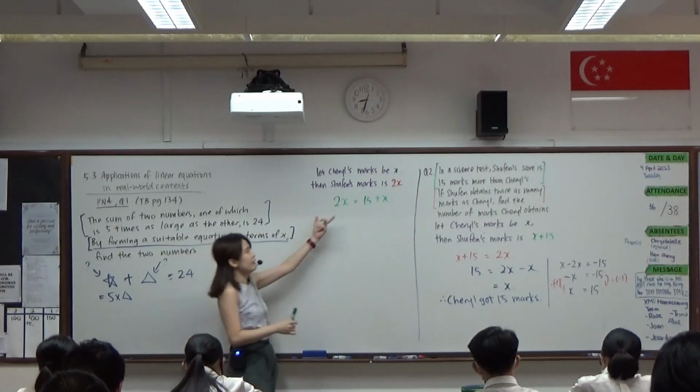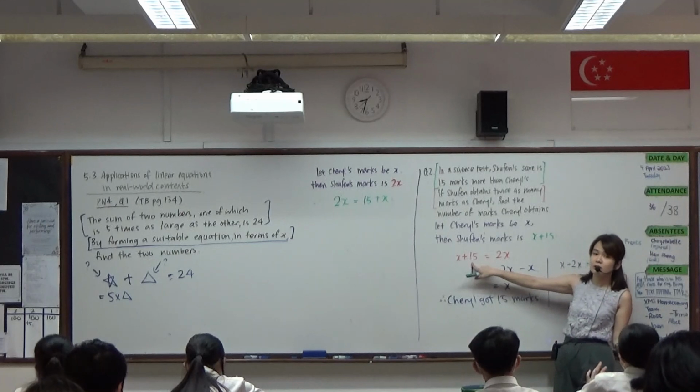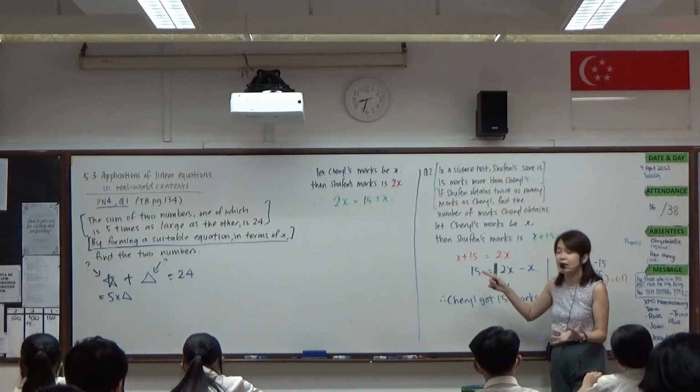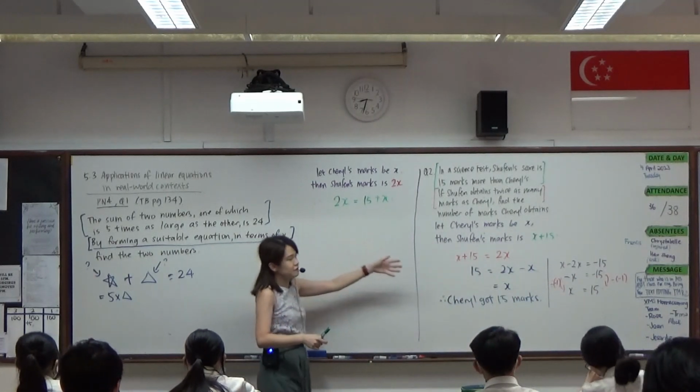So actually, am I forming the same equation? This and this, they are the same thing. Just maybe a slightly different way of writing, but it's exactly the same. You see that? So therefore the solving is the same.